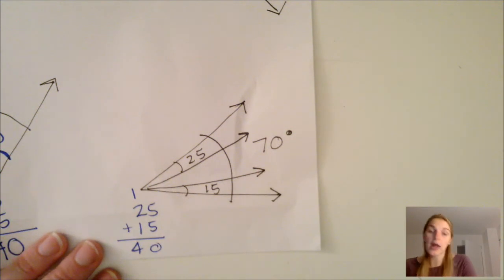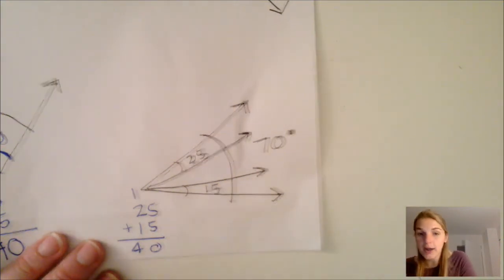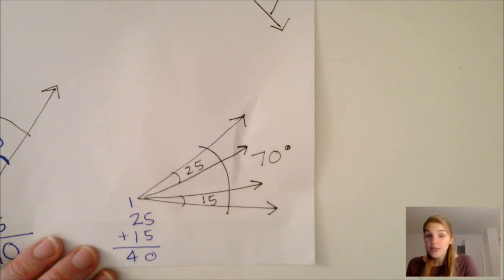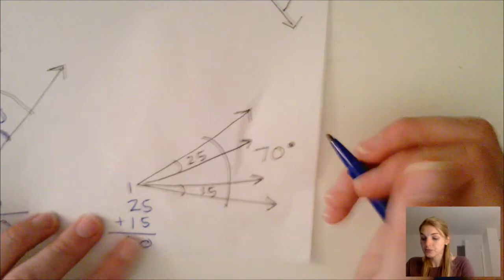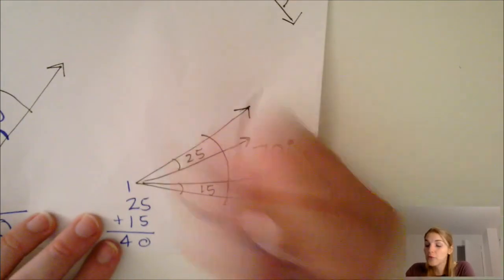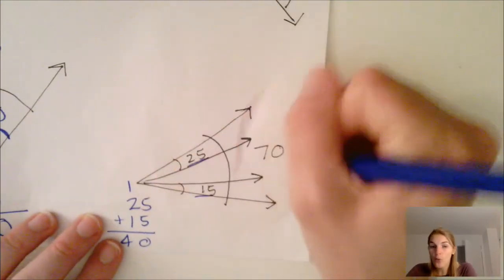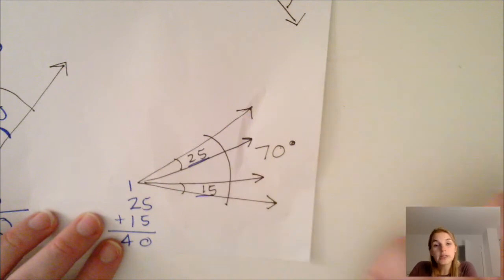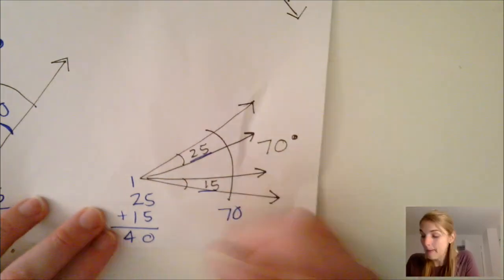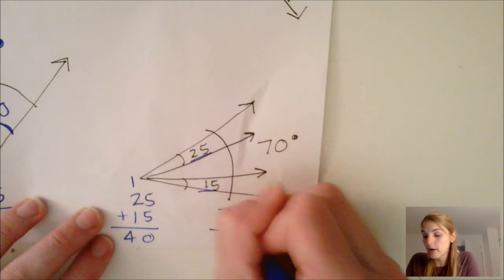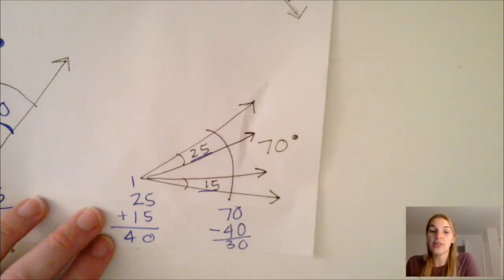So now we subtract. Now some of you can easily do this in your head. That's awesome. If not, that's okay too. We can write it out to make sure you get the answer correct. So if we know about 40 degrees and the whole thing is 70 degrees, we're going to subtract. We're going to find the difference. So 70 minus 40. And we get 30.